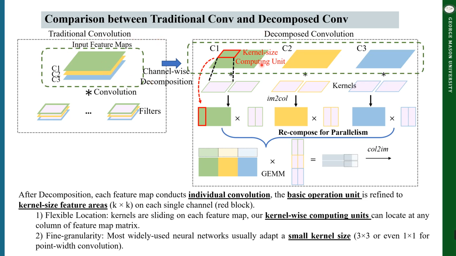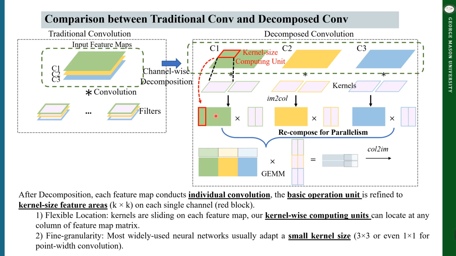So after the decomposition, each feature map will only conduct individual convolutions with the kernels belonging to the corresponding channel. And the basic operation unit is refined to the kernel-size feature map rows, which become the columns on the feature map matrix.